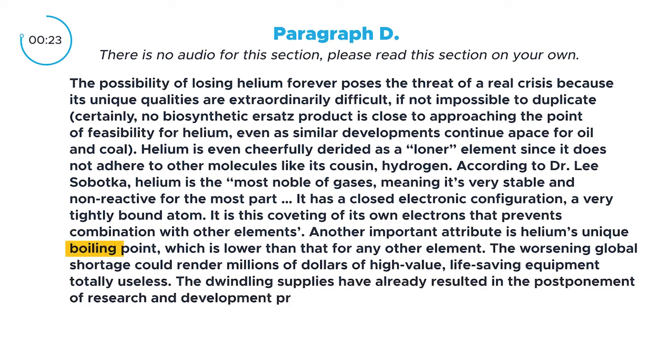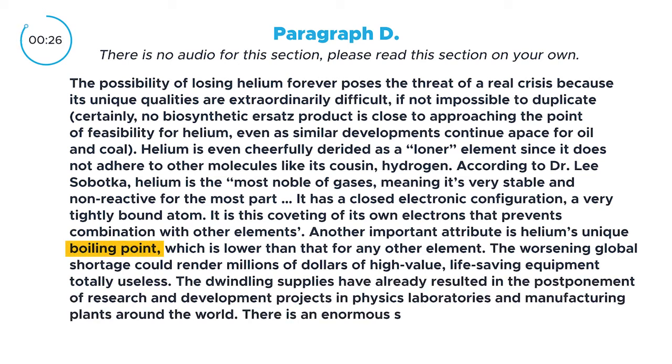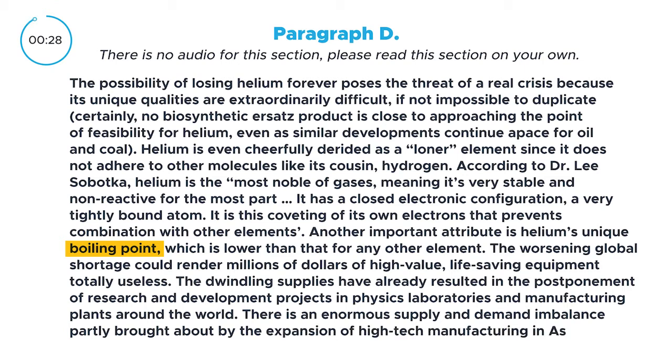We see the word boiling point, which might give us a clue to the correct answer. Hold on though, let's use close reading to see exactly what it says about this boiling point.